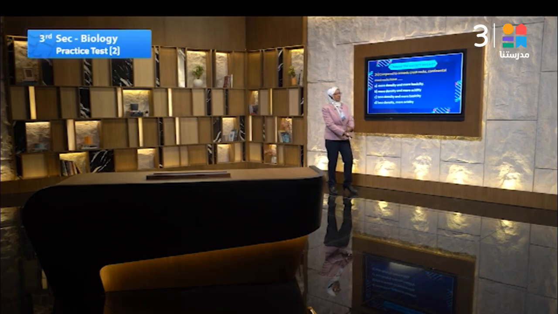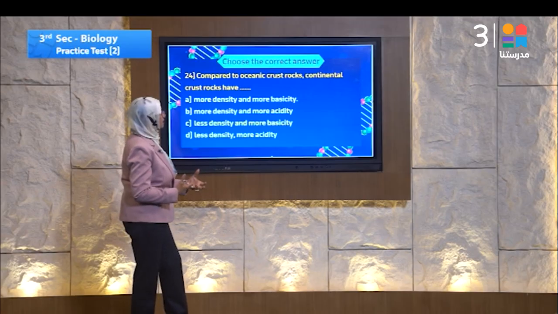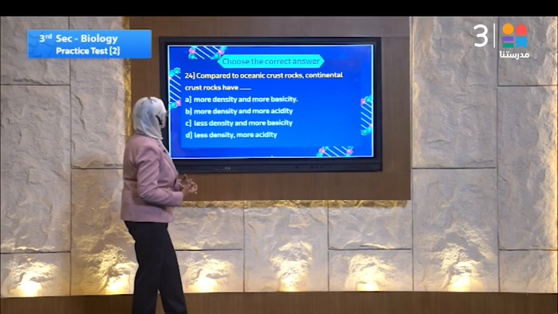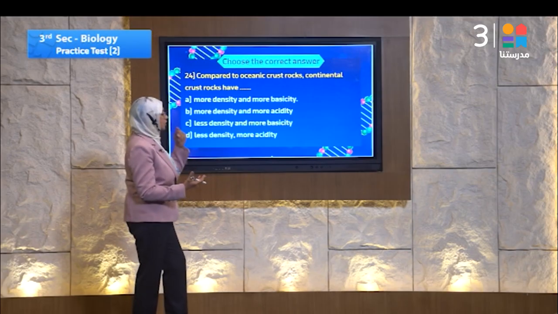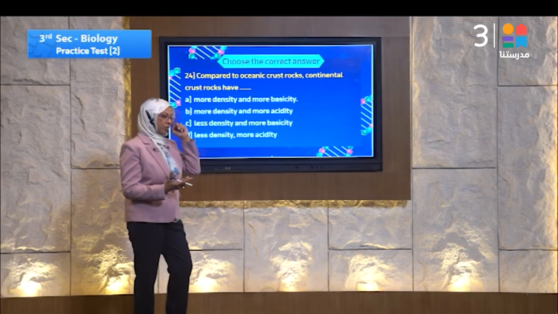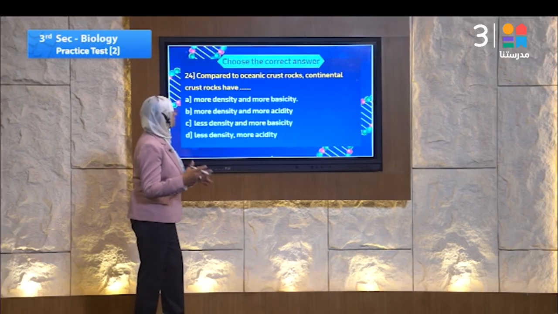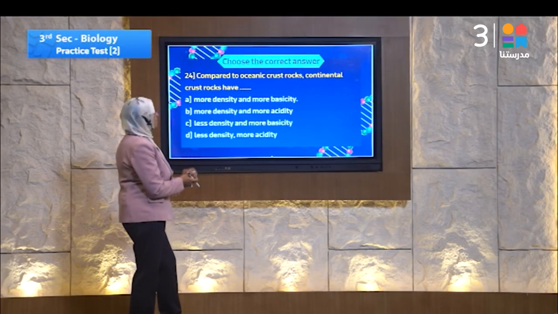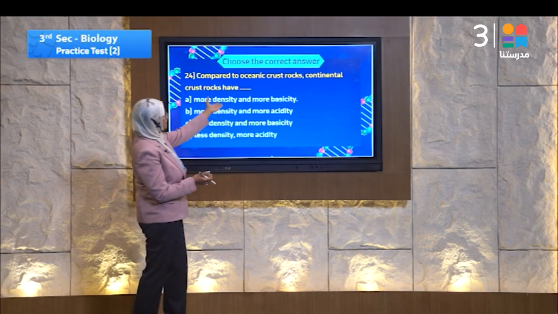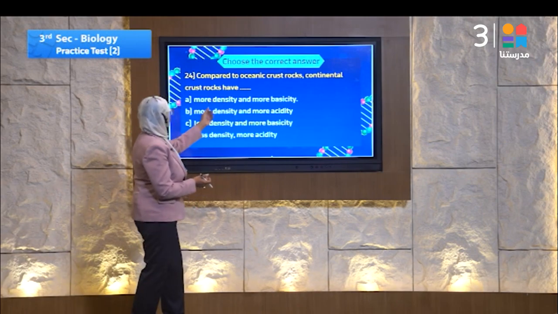The crust contains two types of rocks: one of them is oceanic crust, and the other is continental crust. The oceanic crust is at the bottom of the sea or the ocean, and the other is fluid. So it compares between them, oceanic and continental.